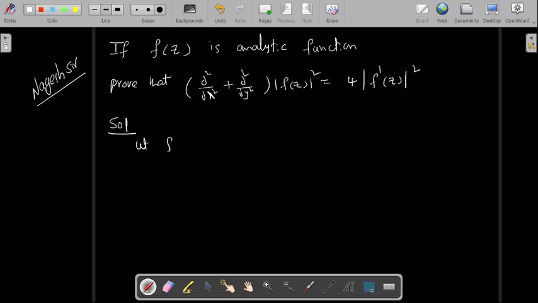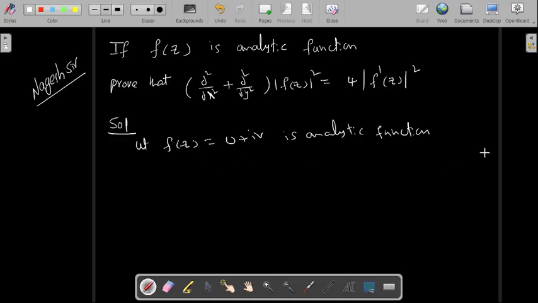Let f(z) = u + iv be an analytic function.